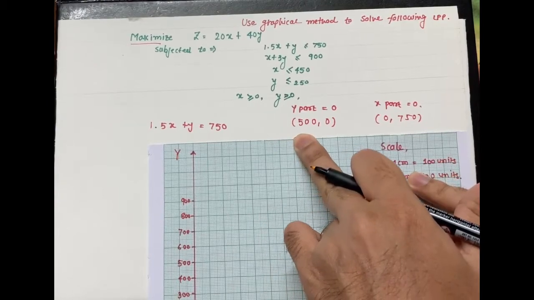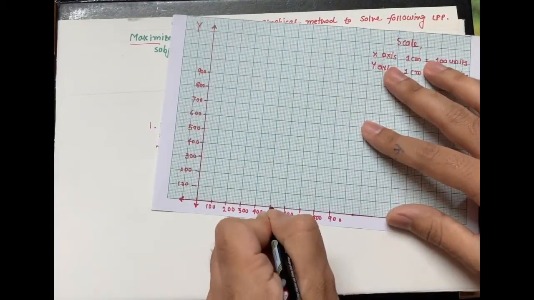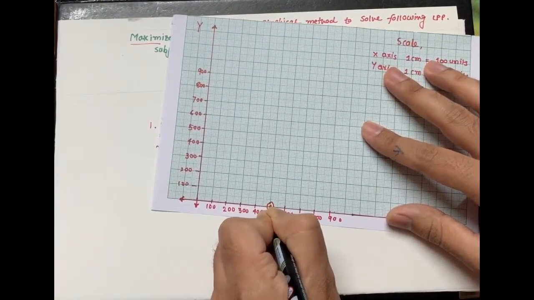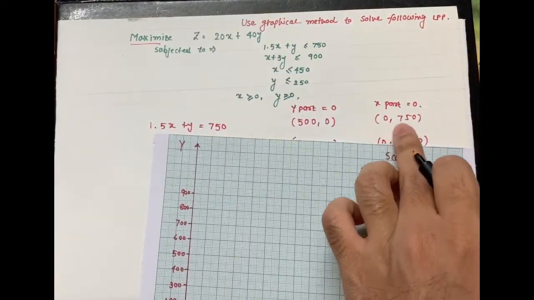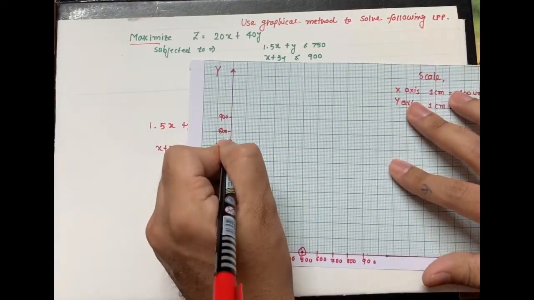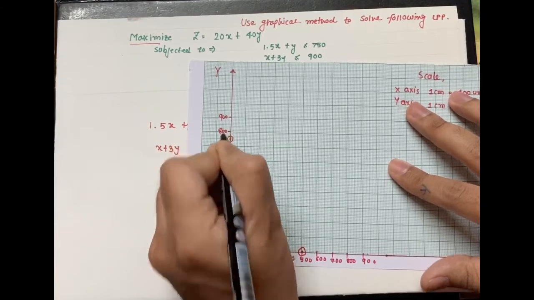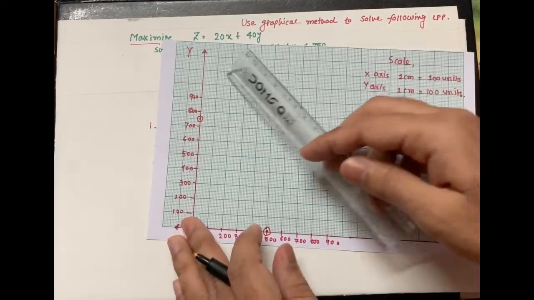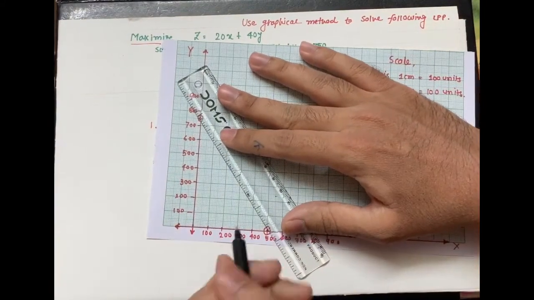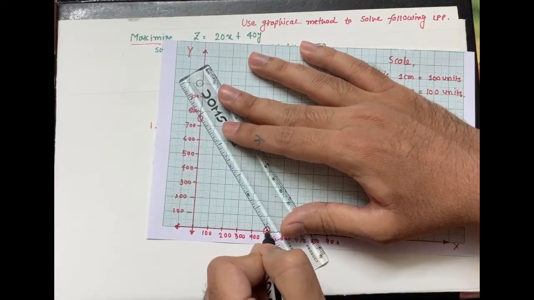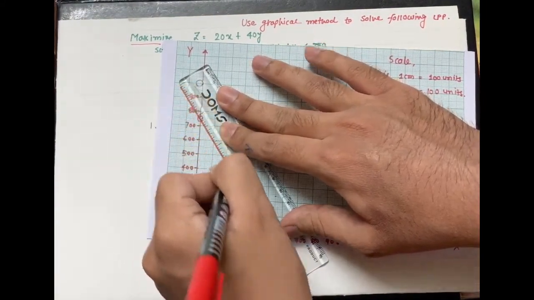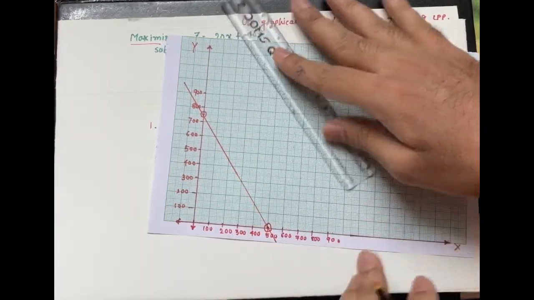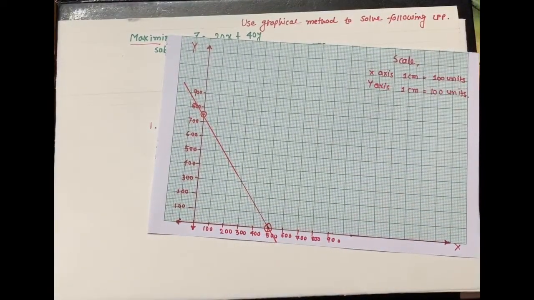Very first point is 500, 0. 500, 0 is this point. And second is 0, 750. 0, 750 is this. I require to connect these 2 dots. I have connected these 2 dots.